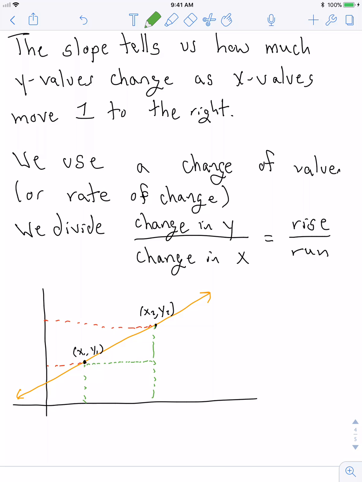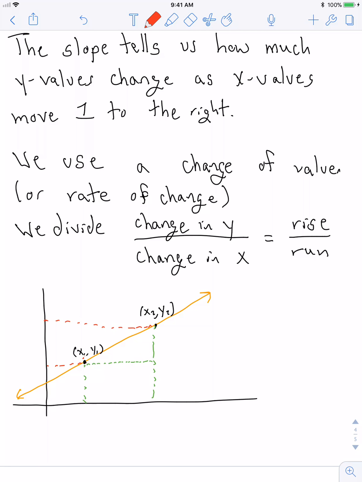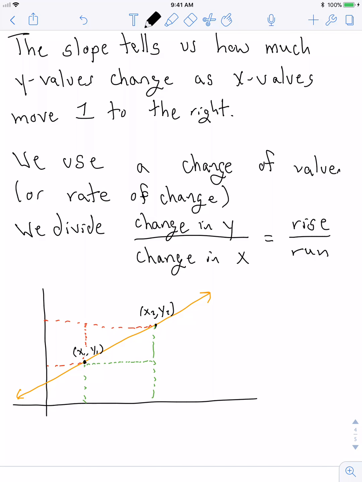Just like before when we were using the distance formula, we should be subtracting the final position, x2, from the beginning position, x1, and that tells us how far we've moved in x. And similarly, we can take y2, where we ended up, and subtract y1, where we started, and see how far we've moved vertically.